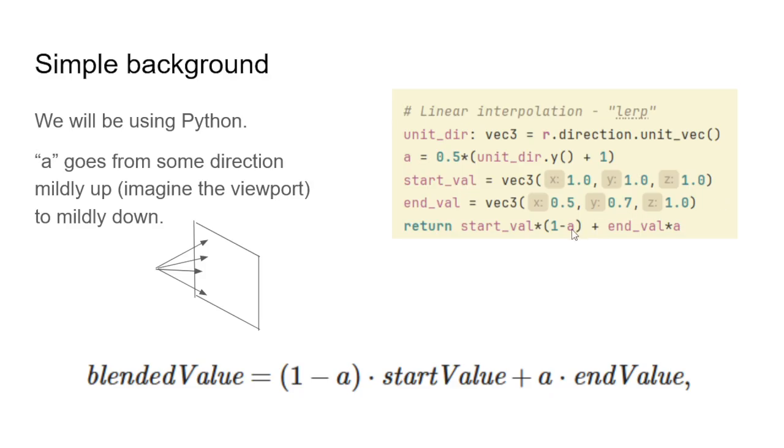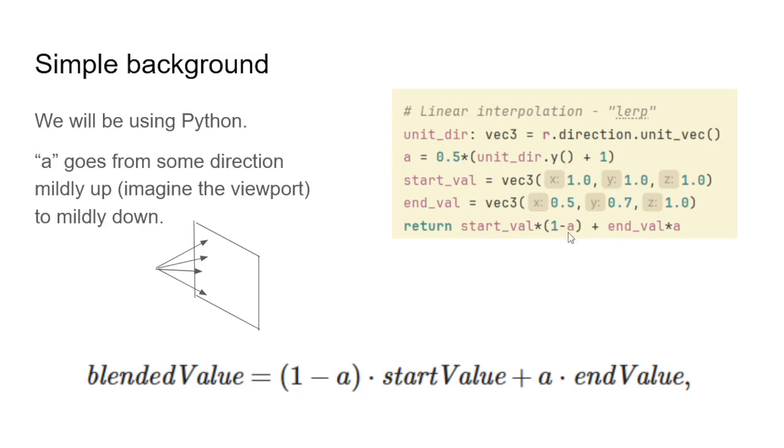So we're going to return some sort of color value that is modified by this looking up or down parameter, right? With some basic linear interpolation formula right here.